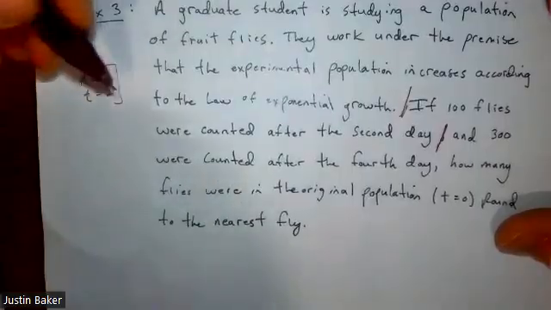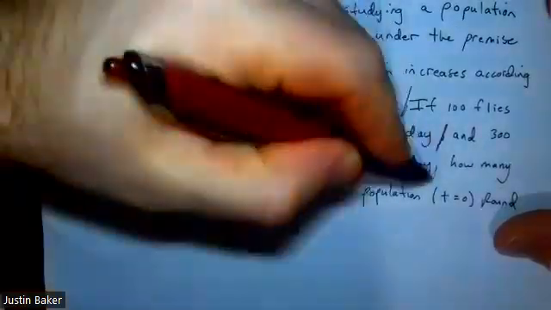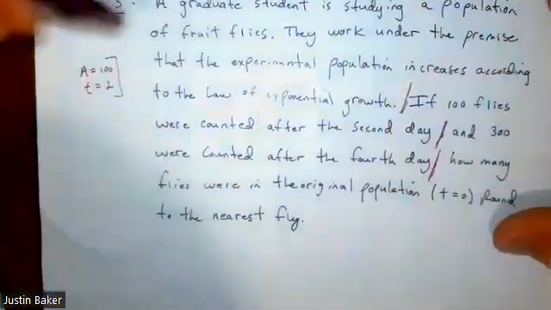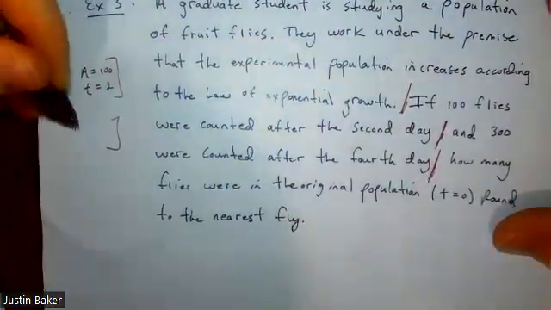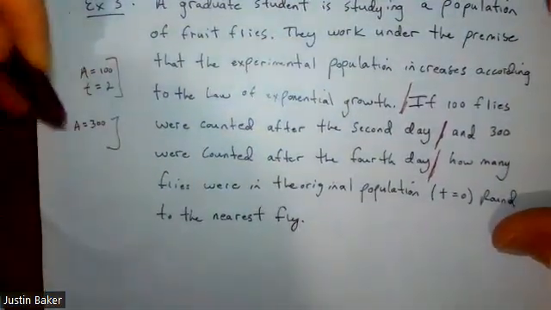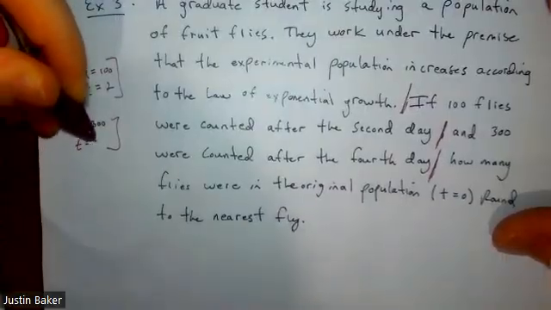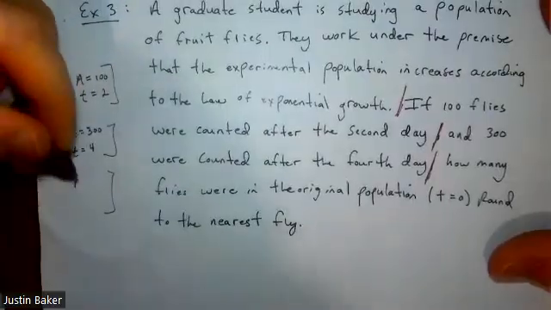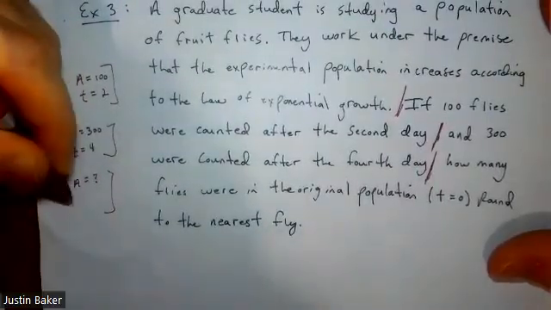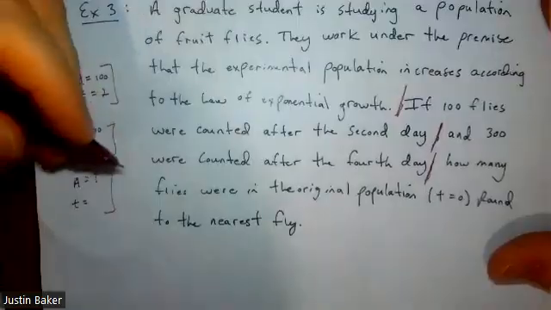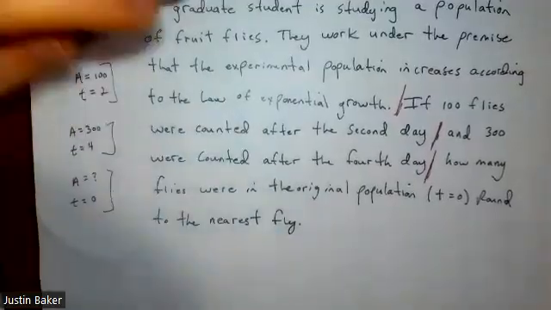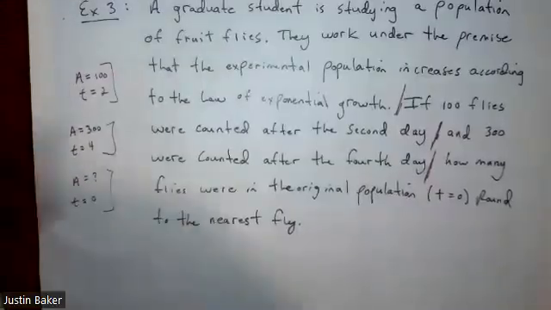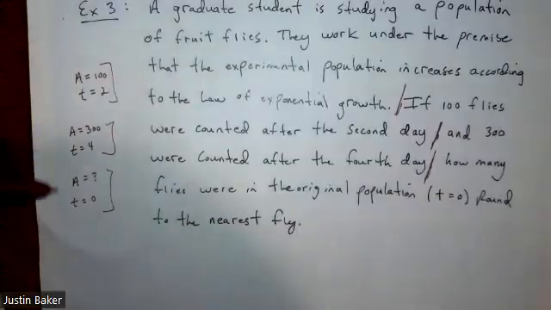And 300 were counted after the fourth day. How many flies were counted? That's going to be the amount when t is equal to 0. That's the information we should be able to pull out of the opening.